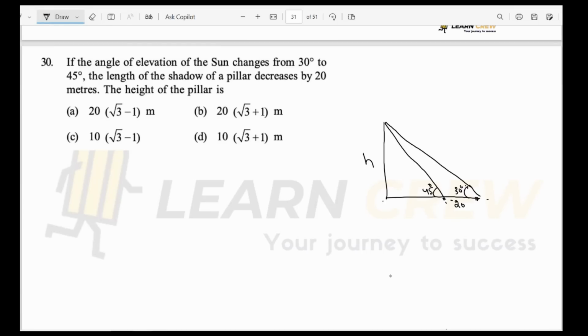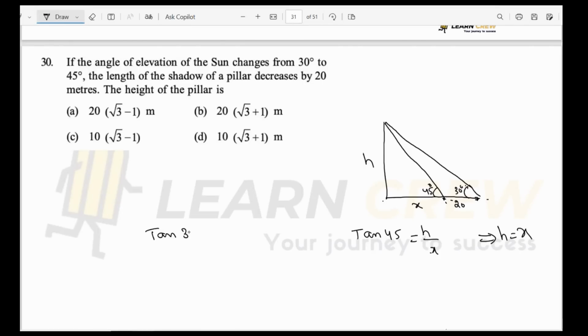Find the answer. If it is some x, when I apply tan 45, the tan theta formula is opposite side by adjacent side, h by x. So I can say h is equal to x into 1, x. Now apply tan 30.